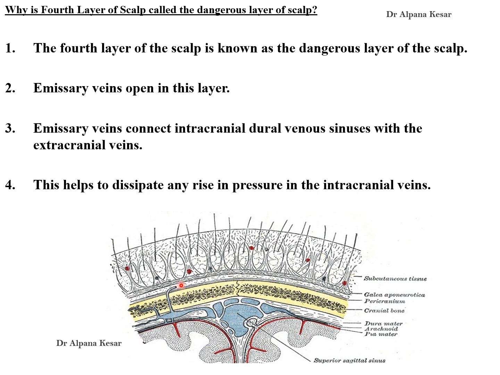The emissary veins are those veins that help in connecting the extracranial veins with the intracranial dural venous sinuses. The significance of these veins is that whenever there is rise in the intracranial blood pressure, the blood will flow from the intracranial veins through the emissary veins into the extracranial veins.